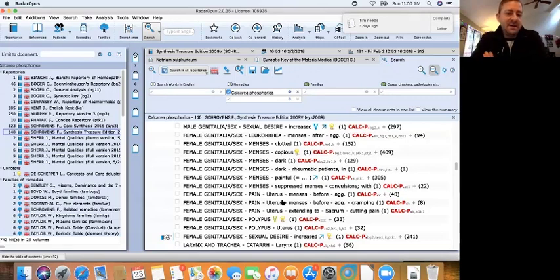If they're an established patient and they come in for an acute, and I sit down with them and they give me one or two symptoms, I'll type them into the computer, and if their constitutional remedy comes up maybe in the top three from the one or two symptoms, I'll consider it. But I'm not just going to give them their constitutional remedy right off the bat. I want to see if it fits.